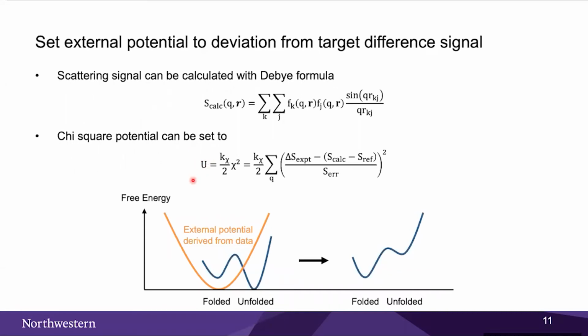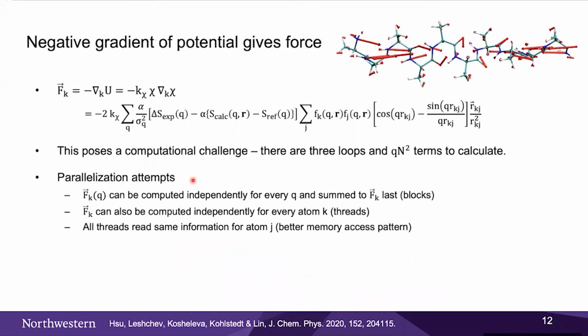And once you have the potential, you can take the negative gradient, which by definition is the force that acts on each atom. The derivation of this is detailed in, I believe, Professor Westenhoff's group work, and also in our work. It's essentially the same, but we take care of the hydration shell.